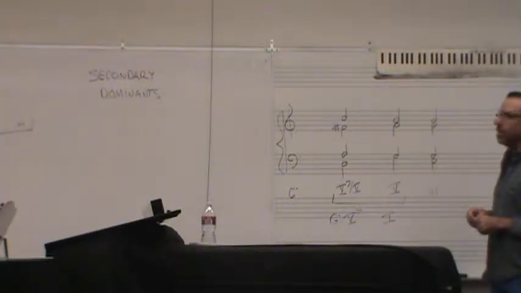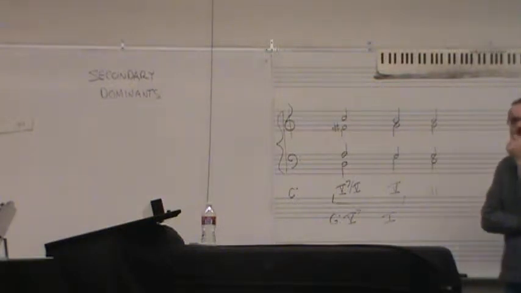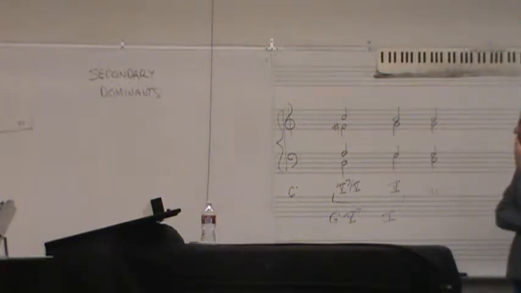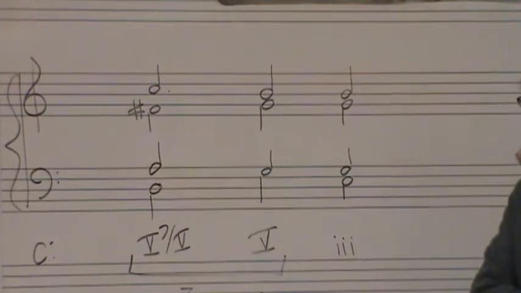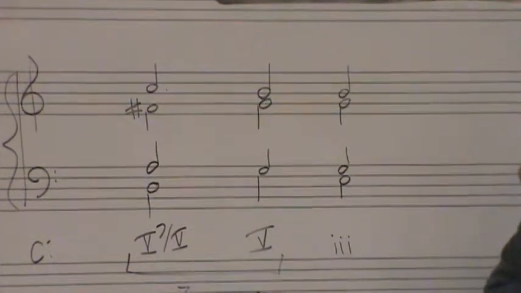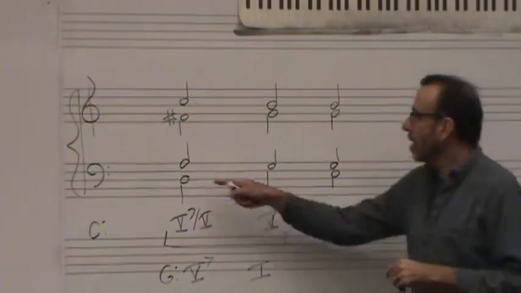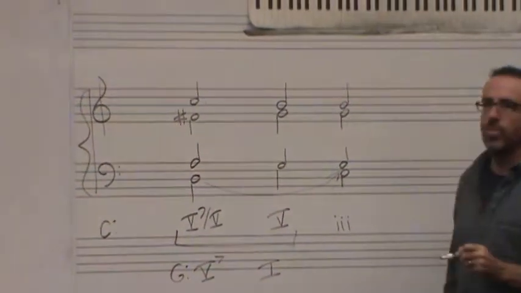So I get what you're saying about the deceptive progression. In my mind, the deceptive progression, once we switch to G, would be D to E, 5 to 6. Yeah, that's D to E, the deceptive progression.